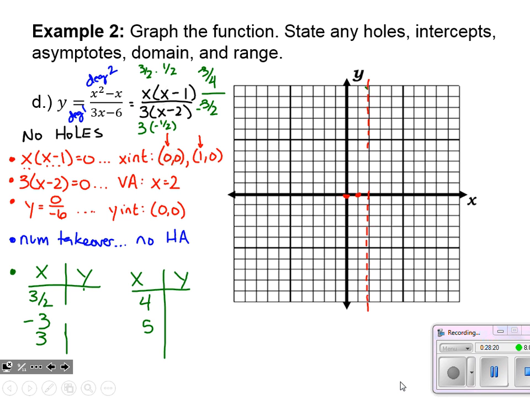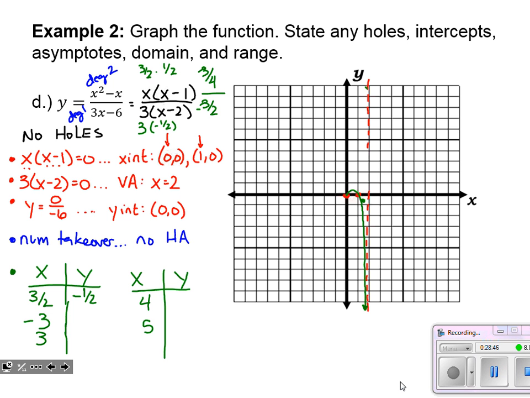Divide that by 3 times 3/2 is 9/2 minus 6. And I get -1/2. So yes, I was correct. I just wanted to double check. All right, so -1/2 right here. So that's showing me that I was wrong before. This graph is actually bending down towards this vertical asymptote.